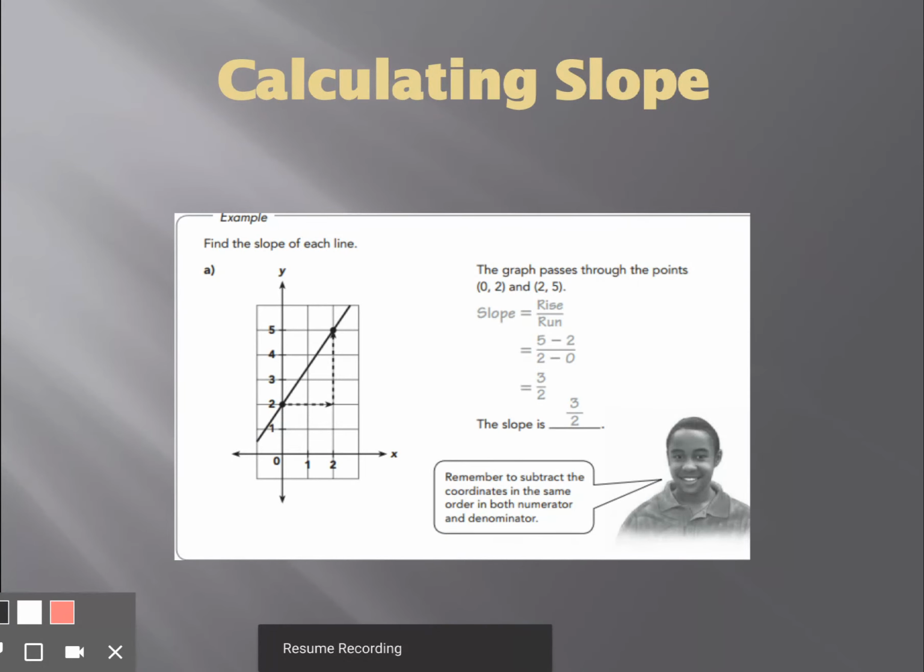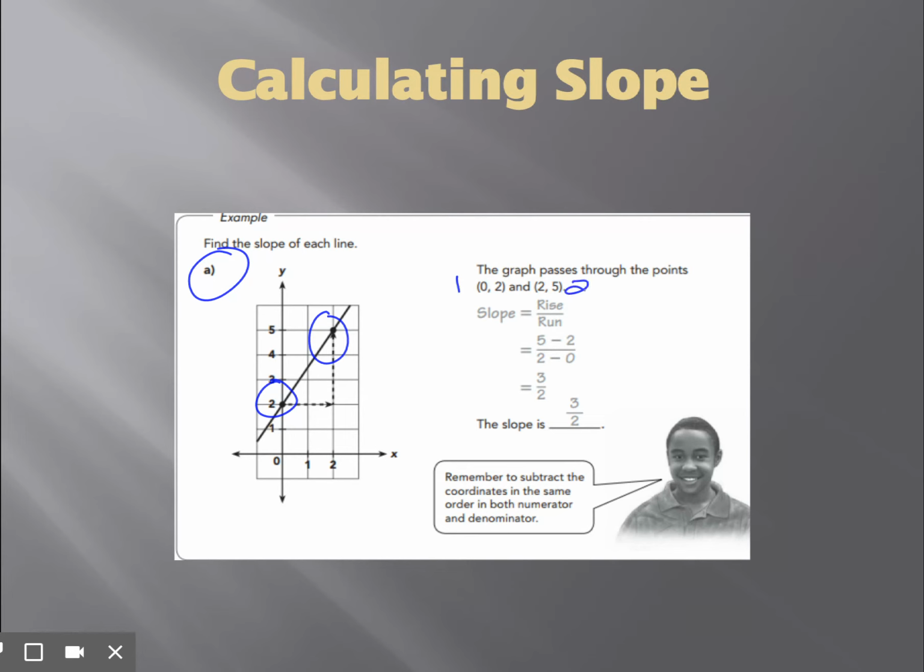So here they're just, again, reviewing how to find slope of a line when given 2 points. We've been doing this on the last couple ones, so it's just a review. But in graph A here, they label 2 points. We have 0, 2 and 2, 5. Okay, so we'll use 0, 2 as point 1 and 2, 5 as point 2.